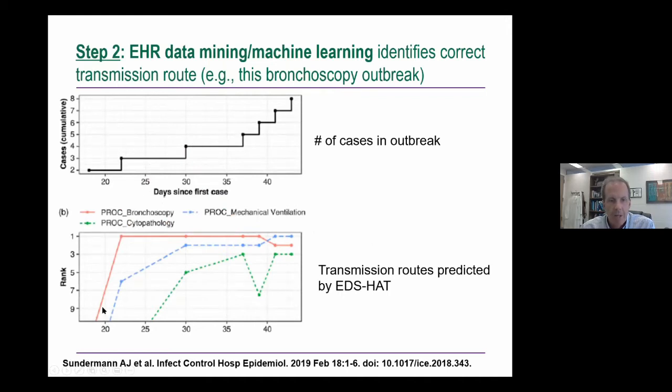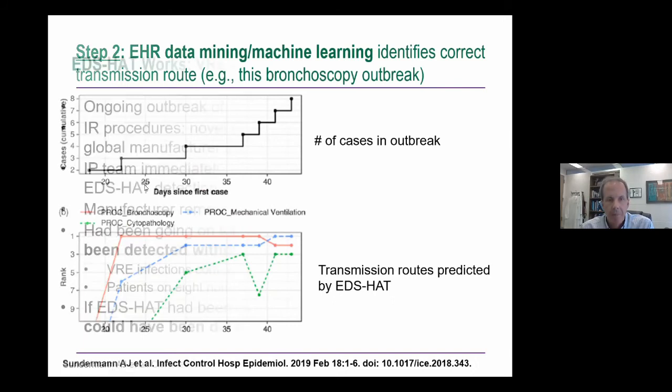And down here, we get signals from the data mining. By the 3rd case, the top transmission route was bronchoscopy. That allowed us to confirm that bronchoscopy was the cause of the outbreak and then stop the outbreak by taking the bronchoscope out of commission.